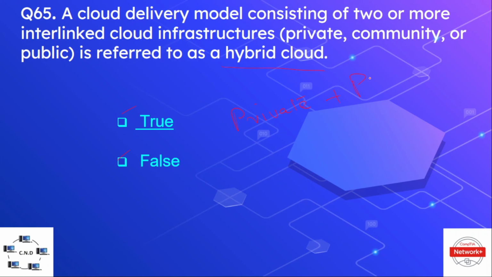An organization may have both clouds. They may use the private cloud for some very sensitive applications, and they may also consume the public cloud. So this type of infrastructure is known as hybrid cloud.